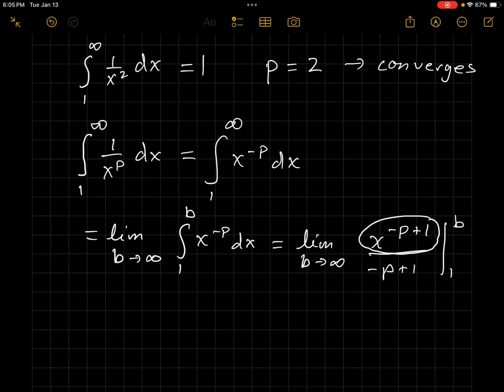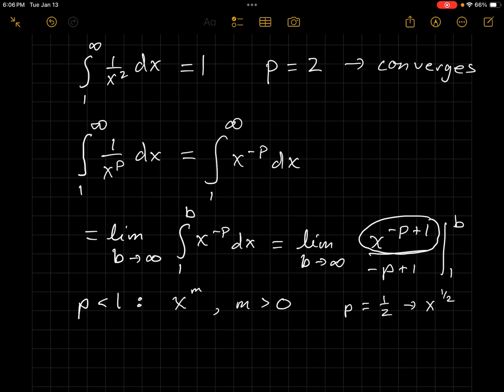So let's look at what if p is less than 1. Well, if p is less than 1, then I have x to some power where that power is positive. For example, if p equals 1/2, just to do a specific case, we would add x to the negative 1/2 plus 1, which is 1/2.